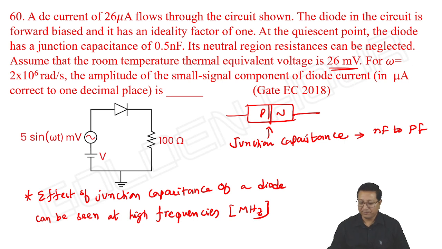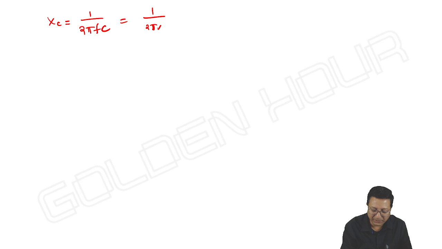At low frequencies, what I meant to say is, suppose you take a junction capacitance. Here it is given in this problem 0.5 nanofarad. So if I take XC equal to 1 by omega C, or 1 by 2 pi f into C, anything we can write, not an issue. Suppose f is some 10 hertz and the capacitor is 0.5 nanofarad. What do we get?